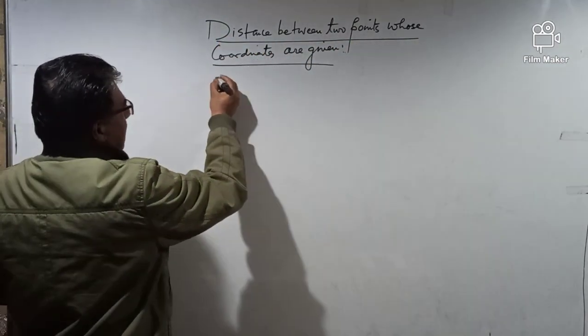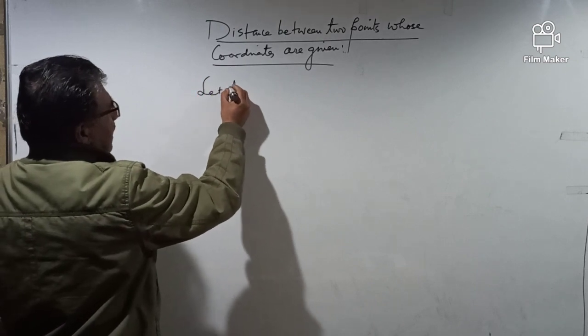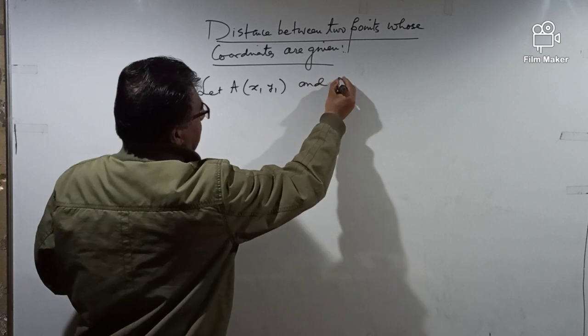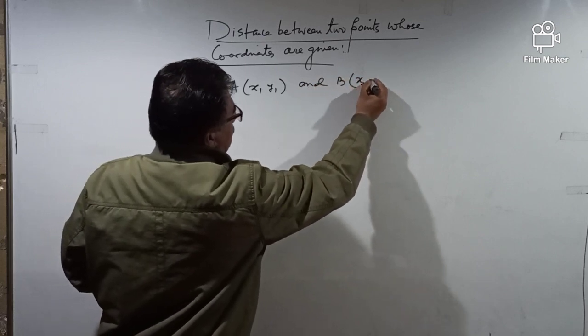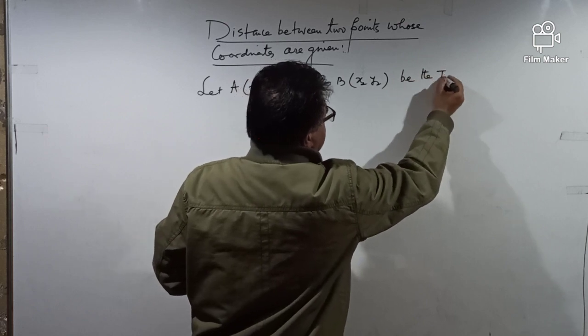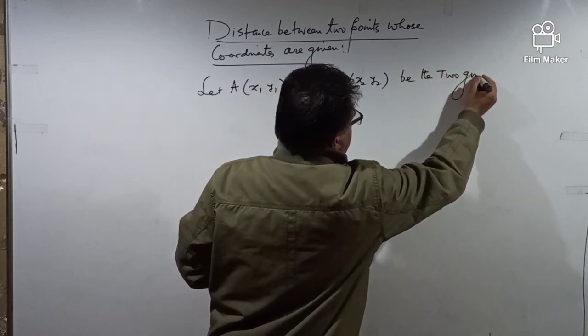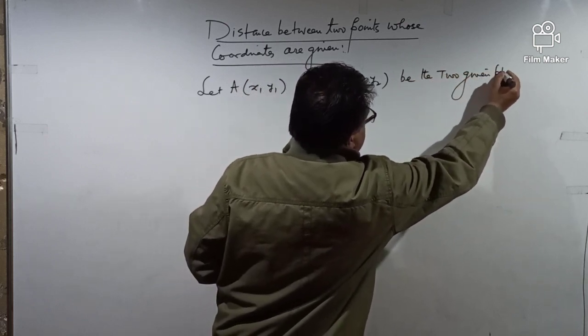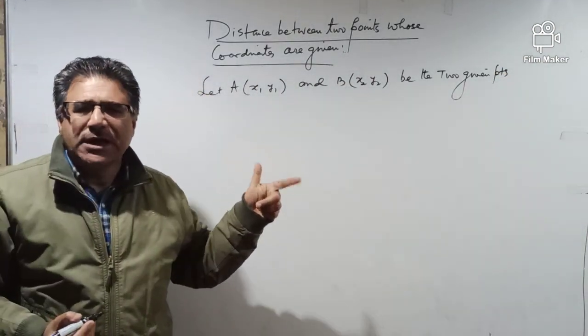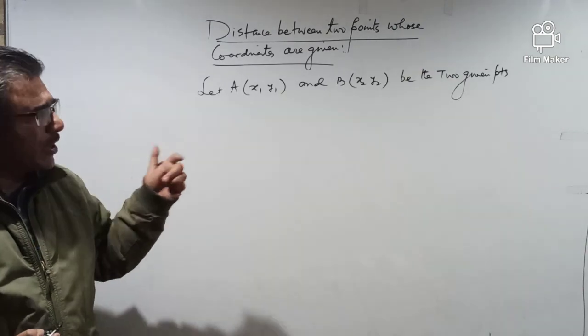Now again, let A(x1, y1) and B(x2, y2) be the 2 given points.